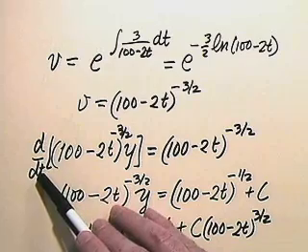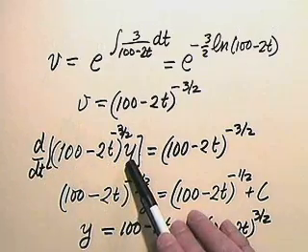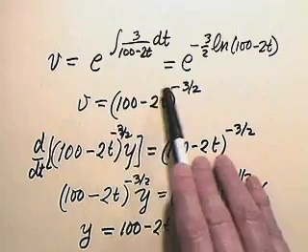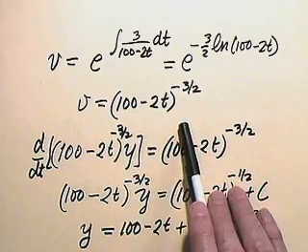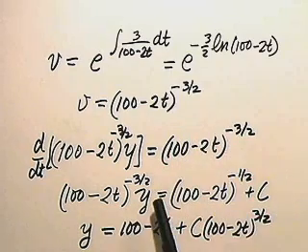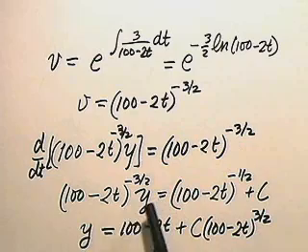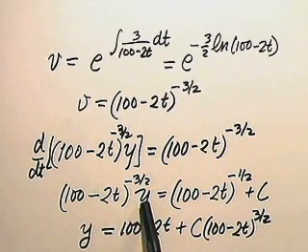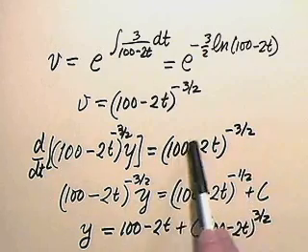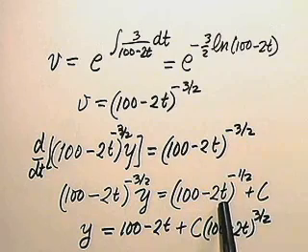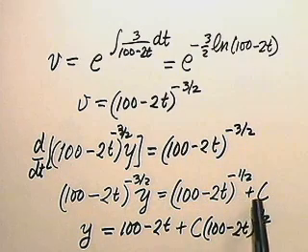So when we multiply our equation both sides by that integrating factor, the left side is just the derivative with respect to t of the integrating factor times y, and the right side is what we get by multiplying the right side by this. But remember, our right side was simply 1, so the right side is just 100 minus 2t to the negative 3/2. And so consequently, 100 minus 2t to the negative 3/2 times y is the antiderivative of this quantity, which is easily seen to be just 100 minus 2t to the negative 1/2 plus a constant of integration.